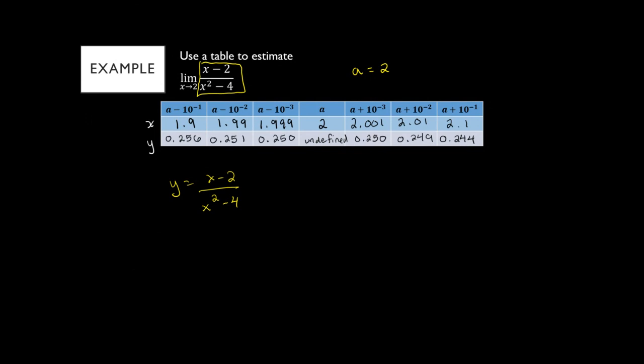Now as x equals 2, we have a value that's undefined. But now that I've rounded on the table, you can see on either side it's 0.25.